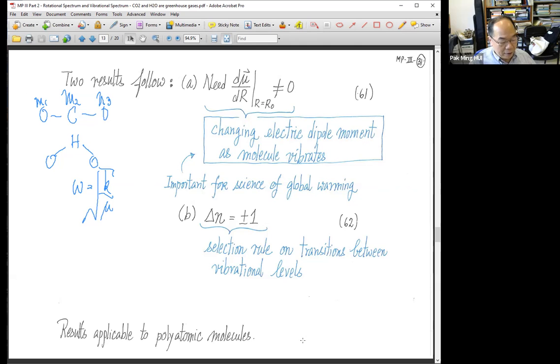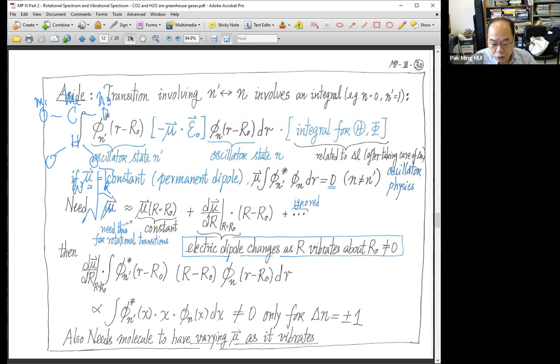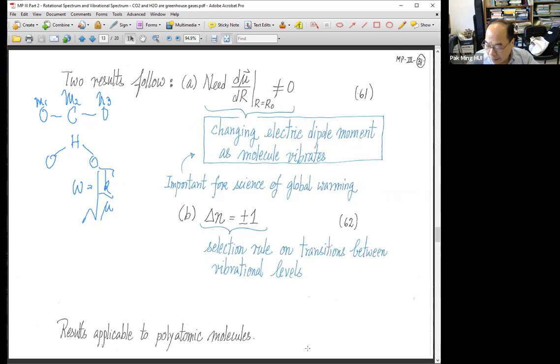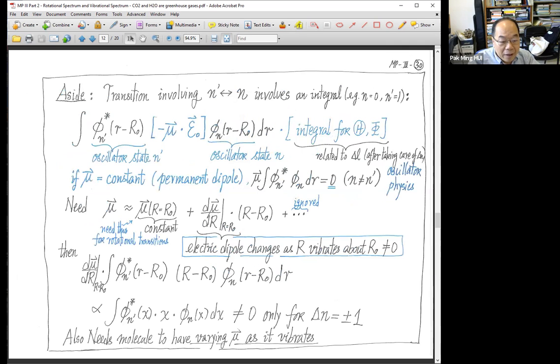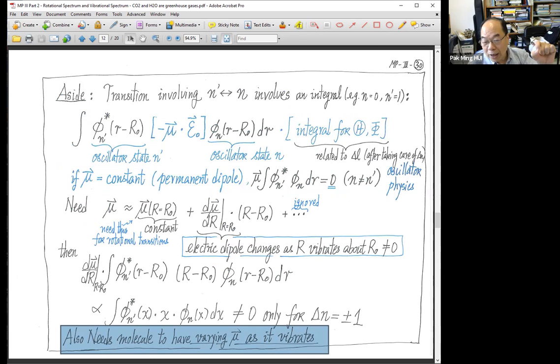Okay. Now, I will have to stop here today, but I make this remark just to make sure that you understand. This statement is not useless. It is a useful statement when we go into molecules consisting of more than 2 atoms.